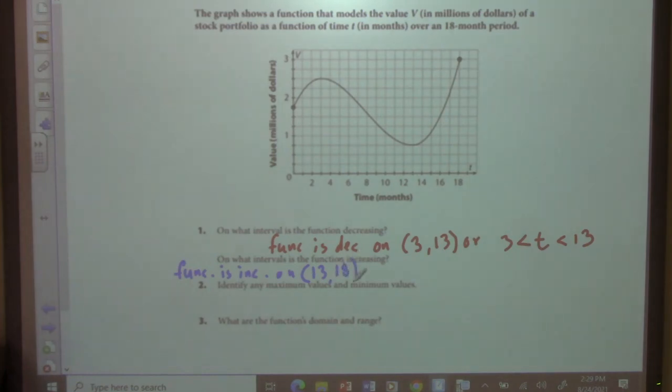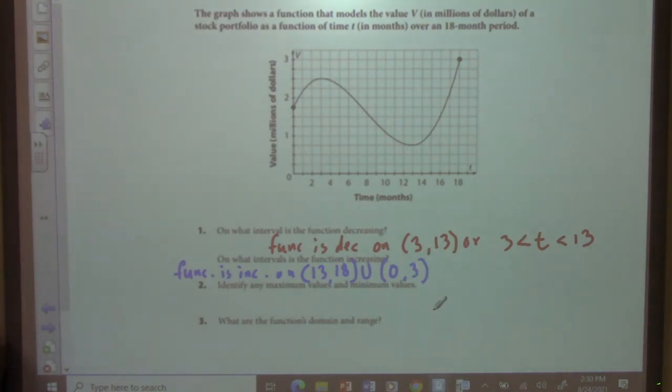Is the function increasing anywhere else? From the beginning, so also in the beginning, 0 to 3.